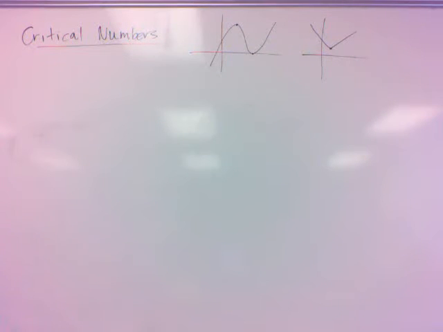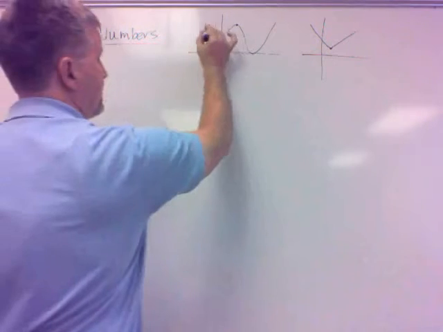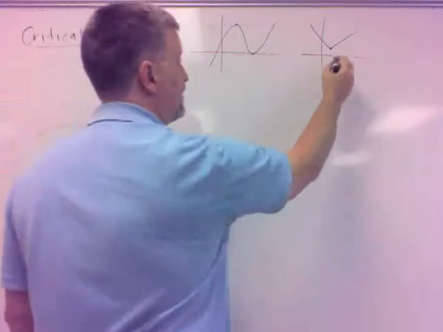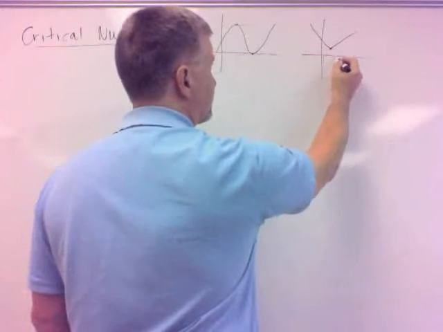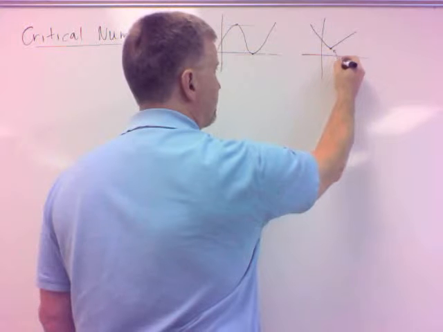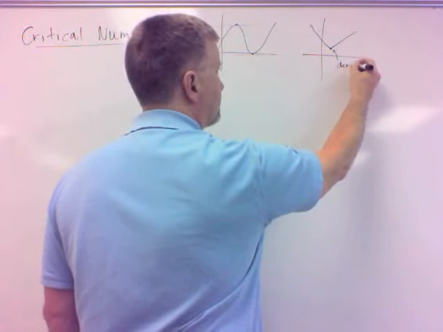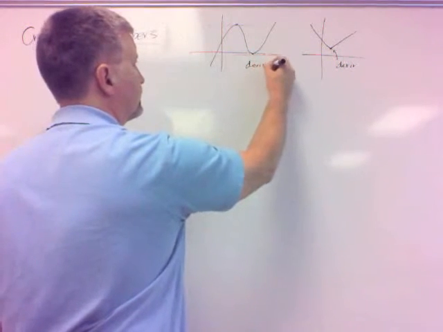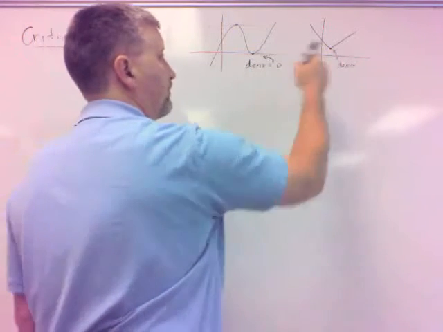But if you notice how this relates to calculus, the tangent lines at those points are the horizontal variety. And what about the derivative here? The derivative at those points is 0. What about this point?